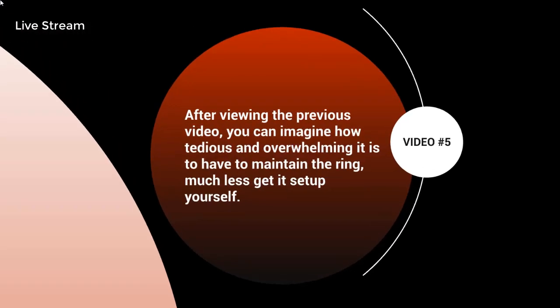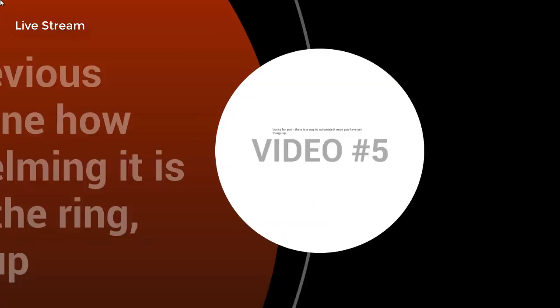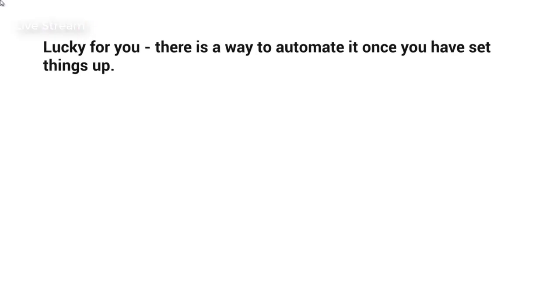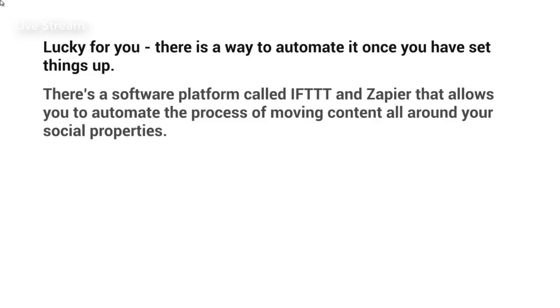After viewing the previous video, you can imagine how tedious and overwhelming it is to have to maintain the ring, much less get it set up yourself. But lucky for you, there is a way to automate it once you have set things up. Getting things set up is the tedious process.